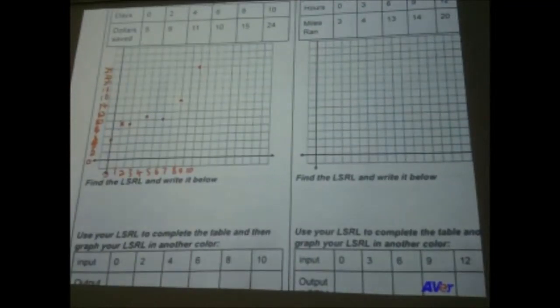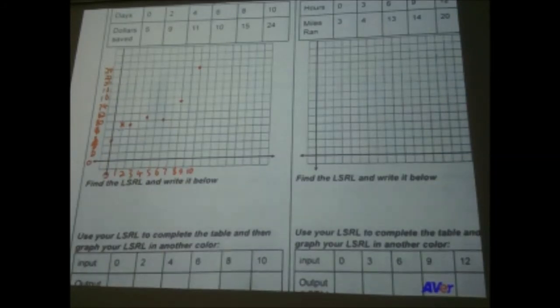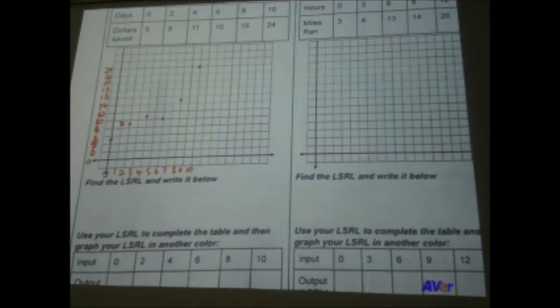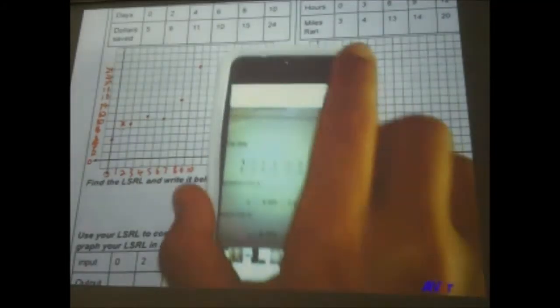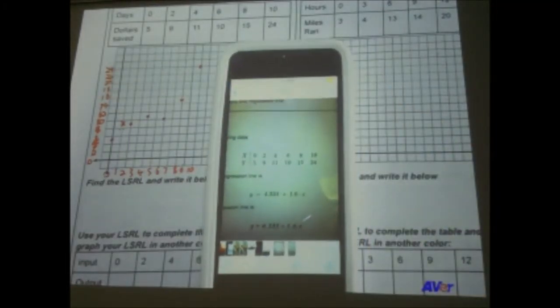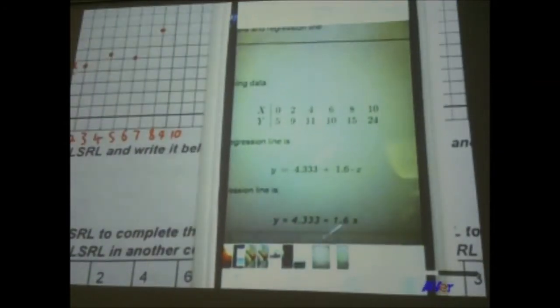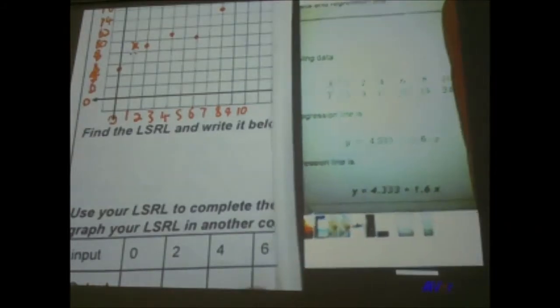So in this part, you have to Google LSRL calculator, and then you click the first result. You input the data, put a space between each number, and click generate equation, and you will get something that looks like this. Y equals 4.33 plus 1.6 times x.